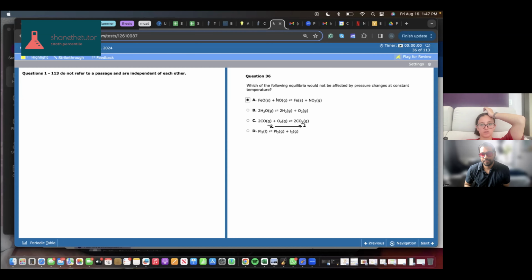Here it's 2 and here it's 2. And this is a gas, right? Okay, 2 and 3, so this one doesn't work. And this one's 1 and 2. So A is the only one that's equal on both sides. Good job.